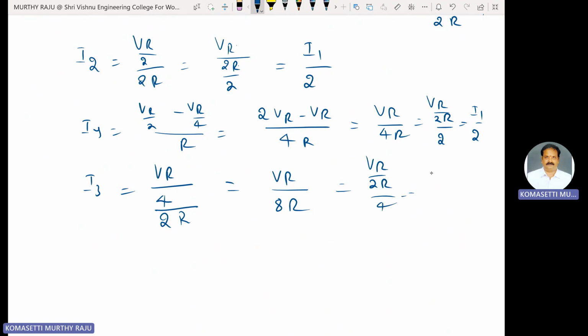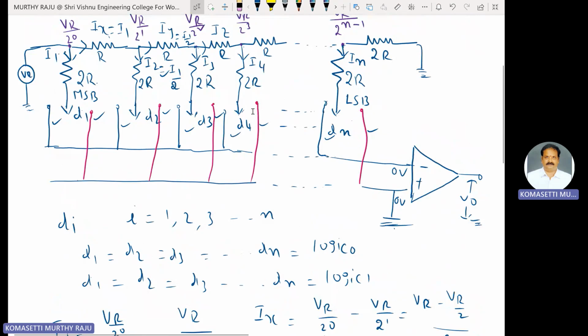VR by 2R is I1, so I3 is equal to I1 by 4. I1 by 2 is divided into I1 by 4 and also I1 by 4. So Iz is also equal to I1 by 4, obviously.